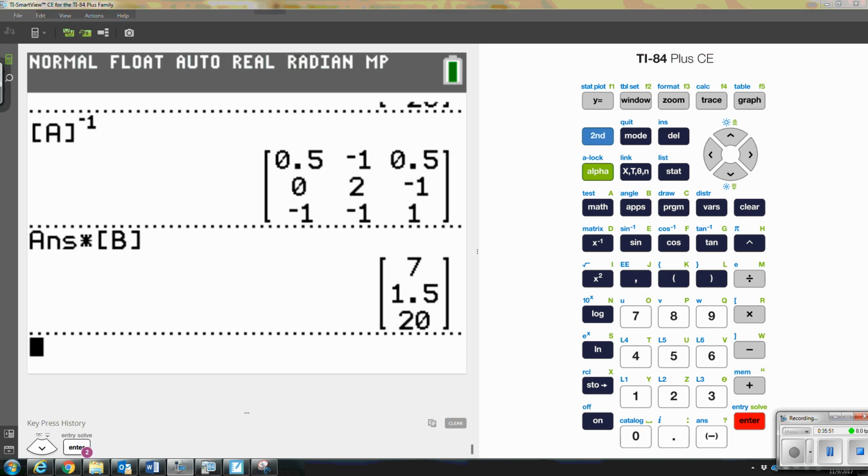Okay, so I had an error when I put in my matrix. That's why I had a negative 20 before. The reason that was wrong was because something's not going to cost negative $20. In this case, that would have been the DVDs costing negative $20, which I knew wasn't right. So if your answer doesn't make sense, go back and check your inputs to make sure that those are correct.